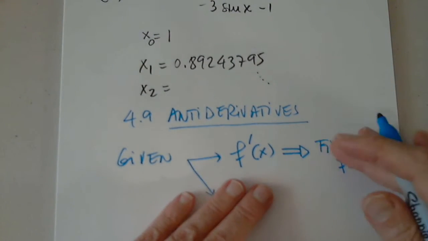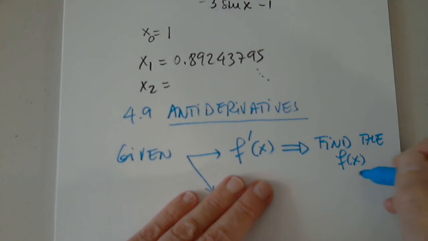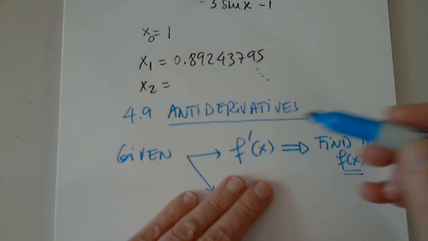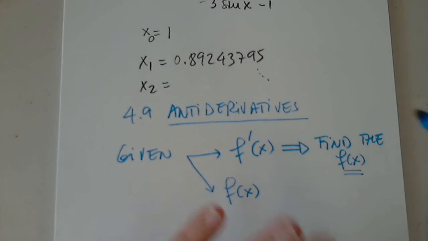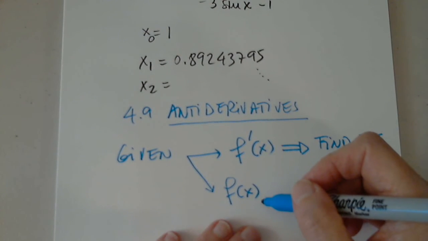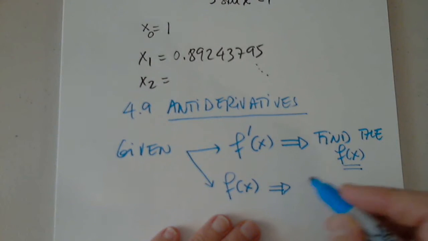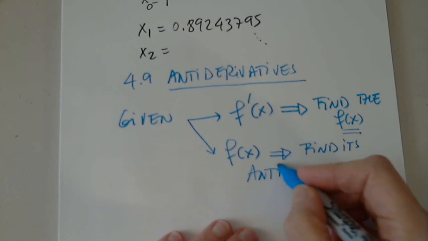And the notation here is very important moving forward. So I'm given the derivative and I'm asked to find the original function whose derivative is whatever I'm given. Second option, I may be given a function and I may be asked to find its antiderivative.